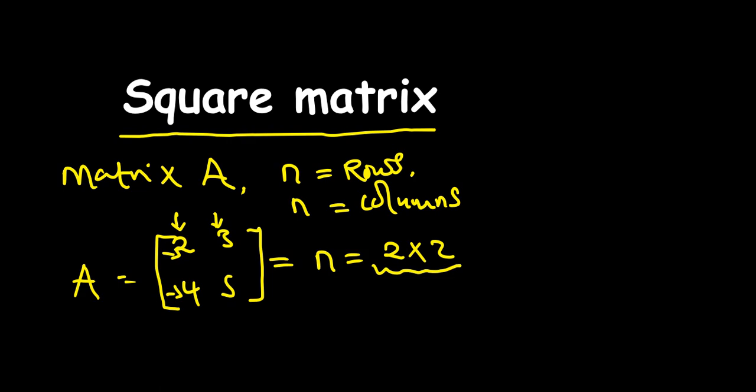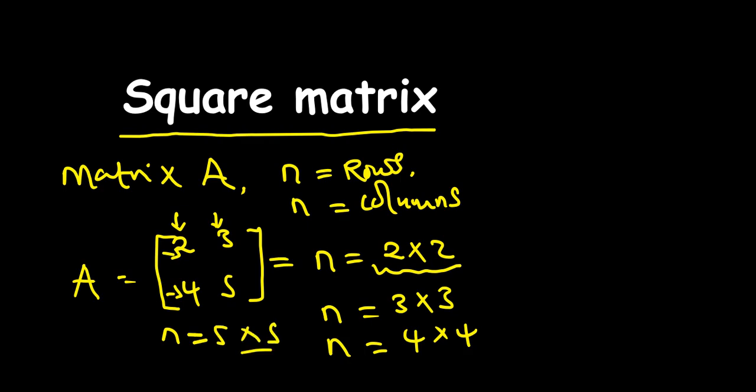Other square matrices just need to have the same number of rows and columns. It can be 3 by 3, 4 by 4, it can even be 5 by 5.